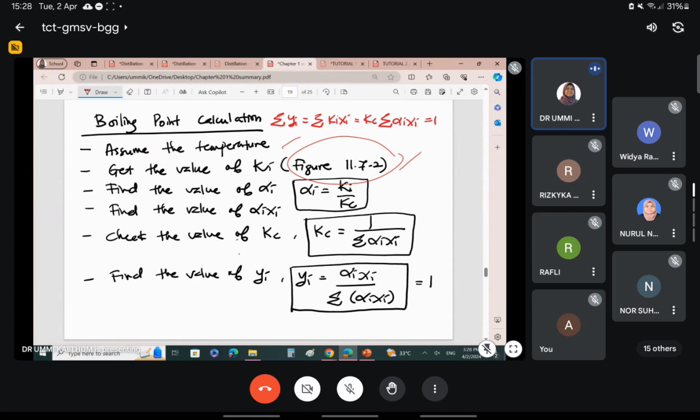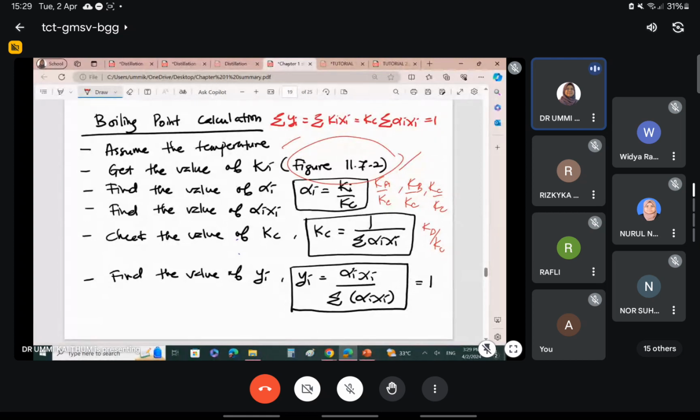So if we have four components A, B, C, and D, okay, so Ki over Kc. So kalau ada component A, so Ka over Kc, Kb over Kc, Kc over Kc, and so on for each component.